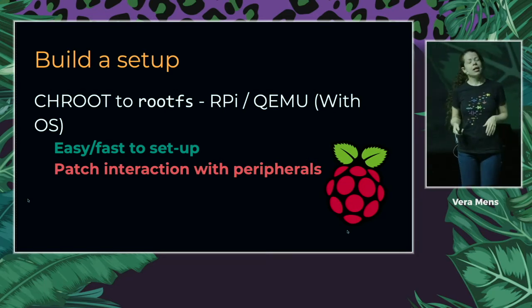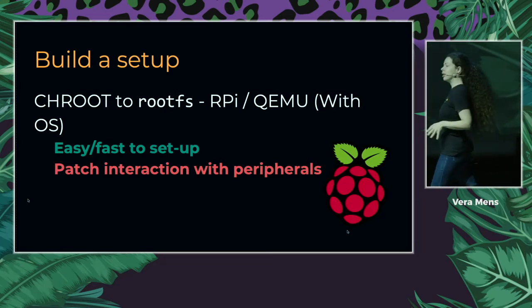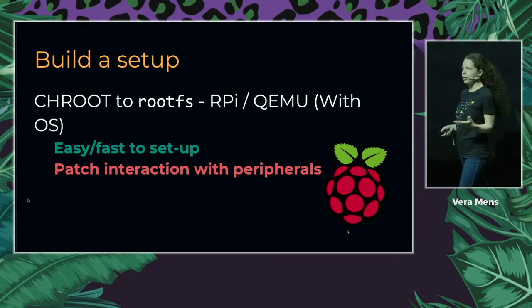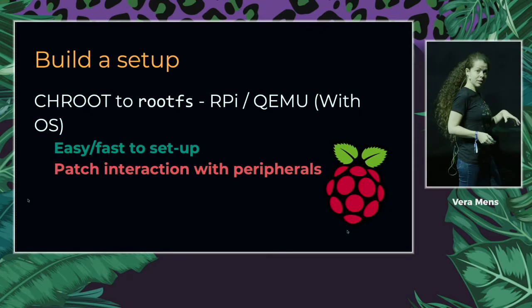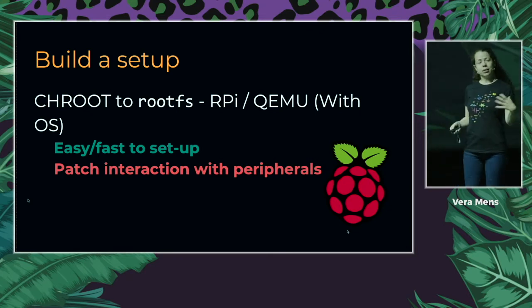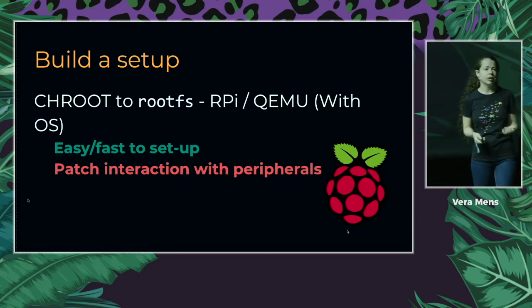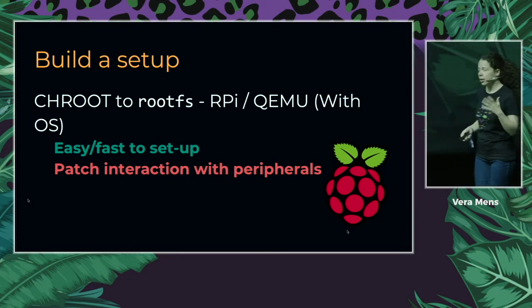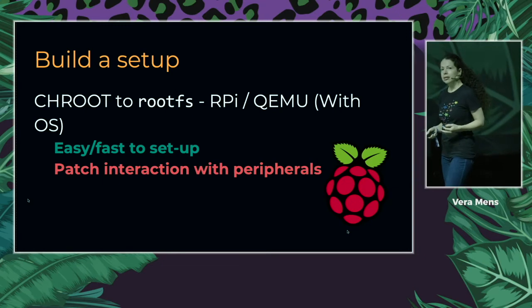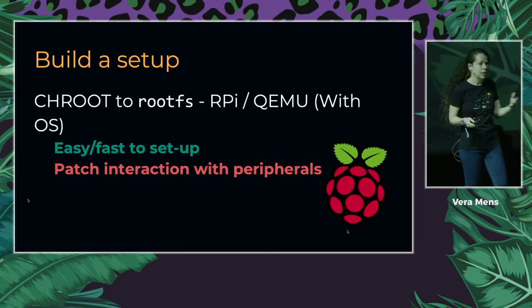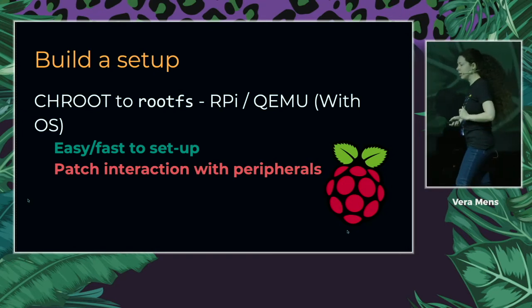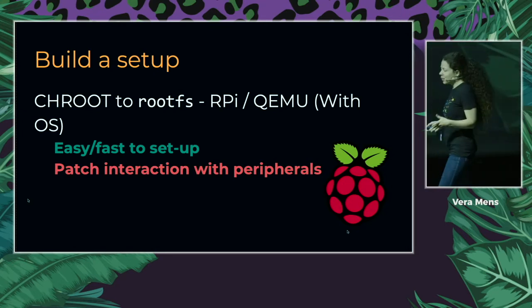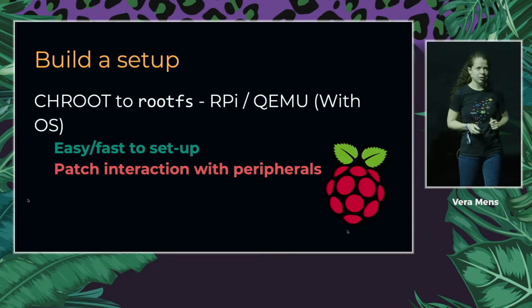Since we are not interested in bootloader and kernel research in this target, we can just take the file system itself and copy it to a ready-to-use ARM machine, any ARM machine. We took a Raspberry Pi. Any other ARM machine will do. This is a great choice. It's easy to set up. We are just copying one directory from one place to another. But there is a really clear disadvantage.